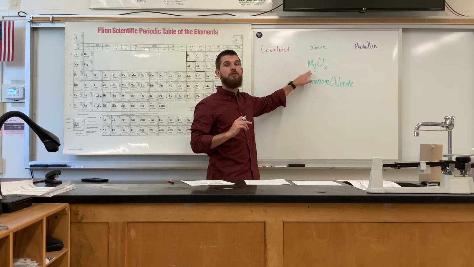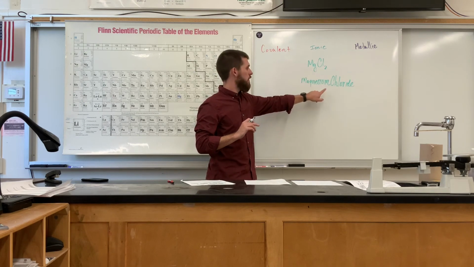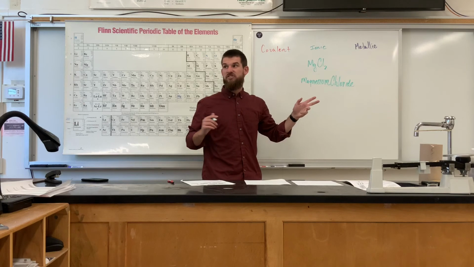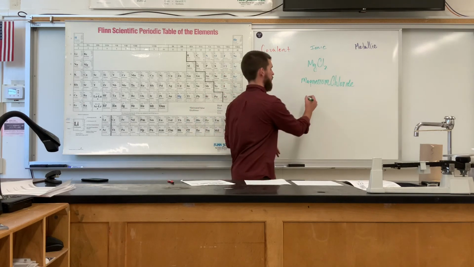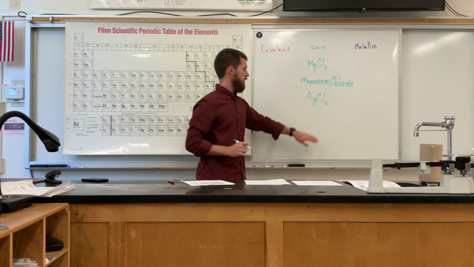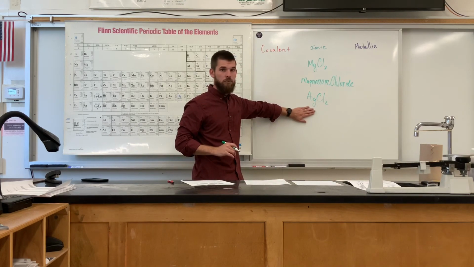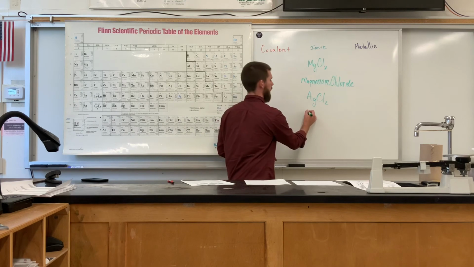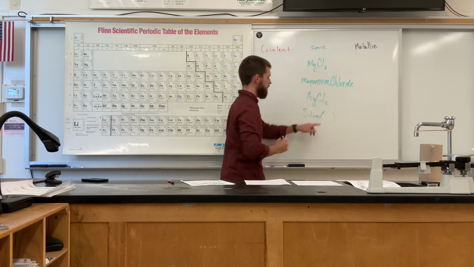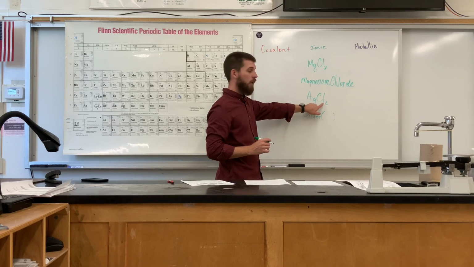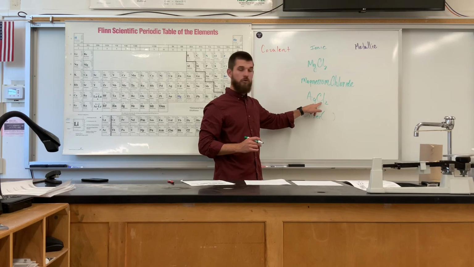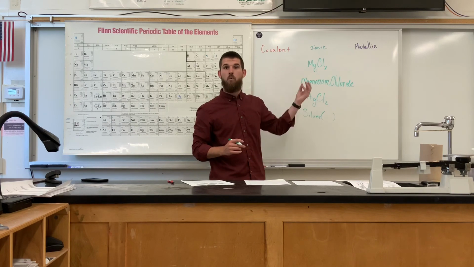If instead of this metal being in column 1 or 2, you have a transition metal, you're going to have to use Roman numerals. And you're going to put the Roman numeral after the metal's name. So, for example, let's do something like silver chloride. For silver, you're going to write silver and then Roman numerals. Because chlorine has a -1 charge each time, each chlorine is going to take 1 electron.